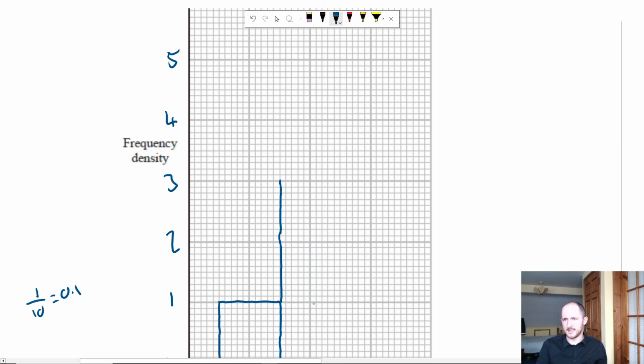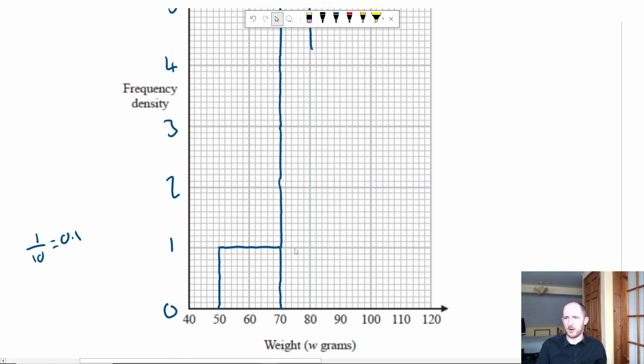For some reason, when I draw lines downwards, I can draw them a lot straighter than if I draw them upwards. So like that. And 80 is the thicker line. And again, don't forget you draw them coming right off each other, okay? There should be no spaces between them. They're all touching. Yeah, it's getting a bit shaky now.